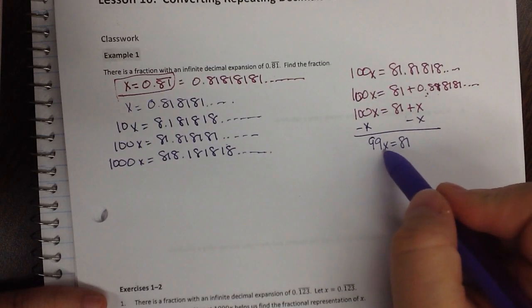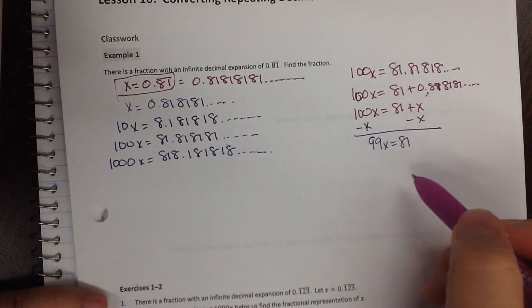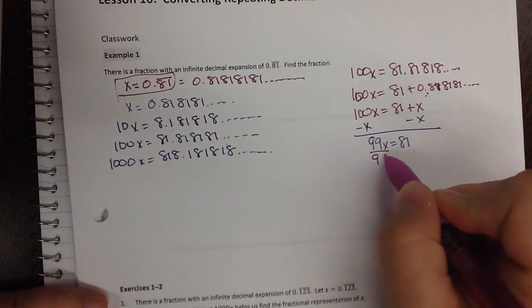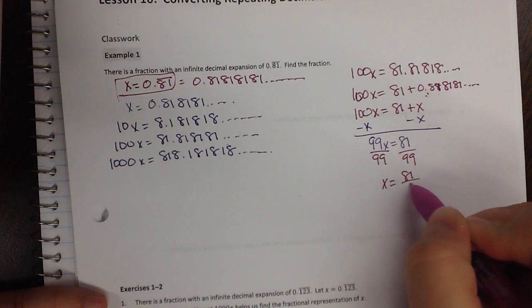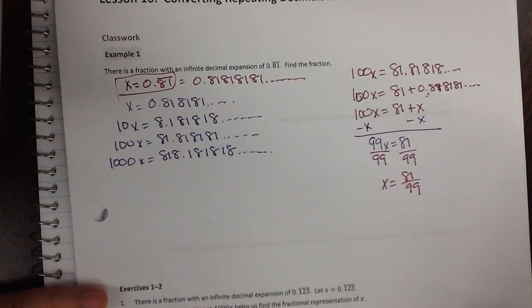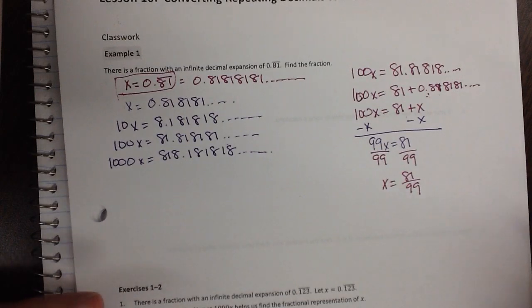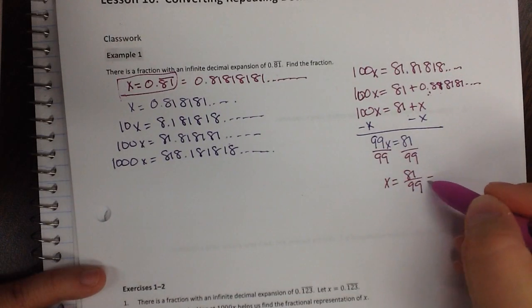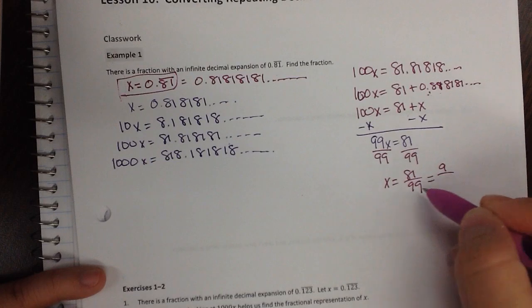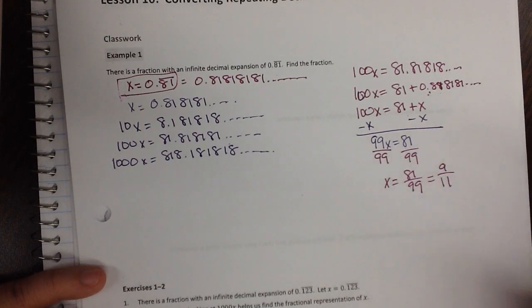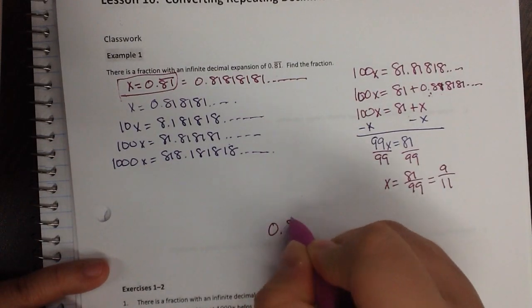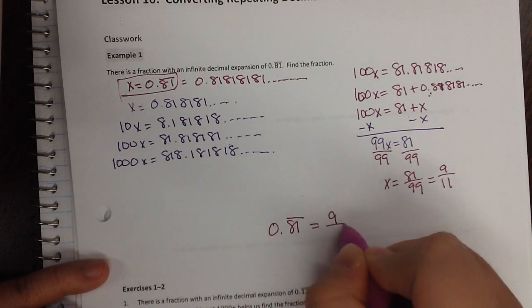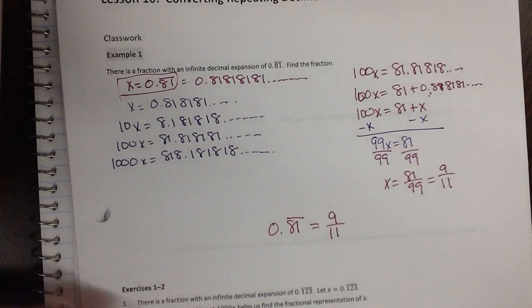These two are being multiplied, so the opposite of multiplication is division, so you would divide both sides by 99. x equals 81 over 99. And if we were to simplify that, 9 goes into both of those. 9 goes into 81 9 times, and 9 goes into 99 11 times. So the decimal 0.81 repeated is 9 over 11 as a fraction.